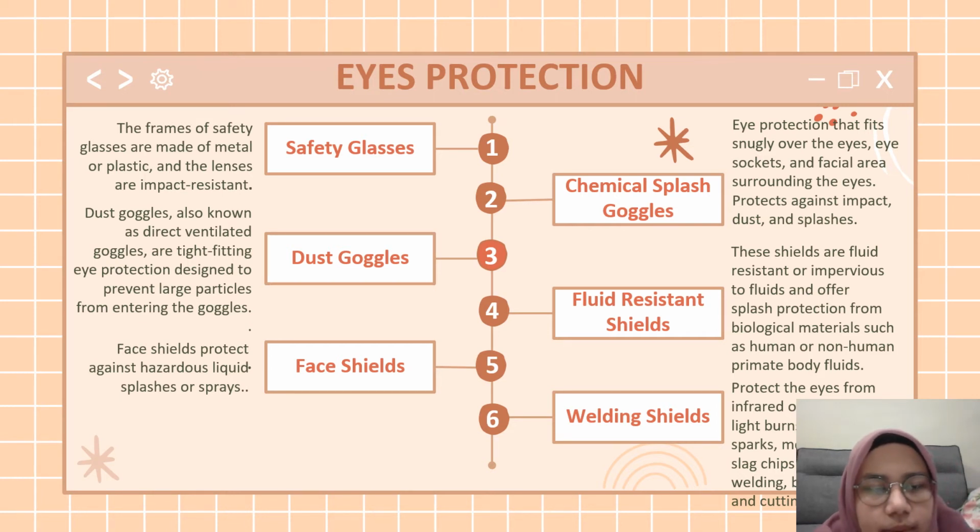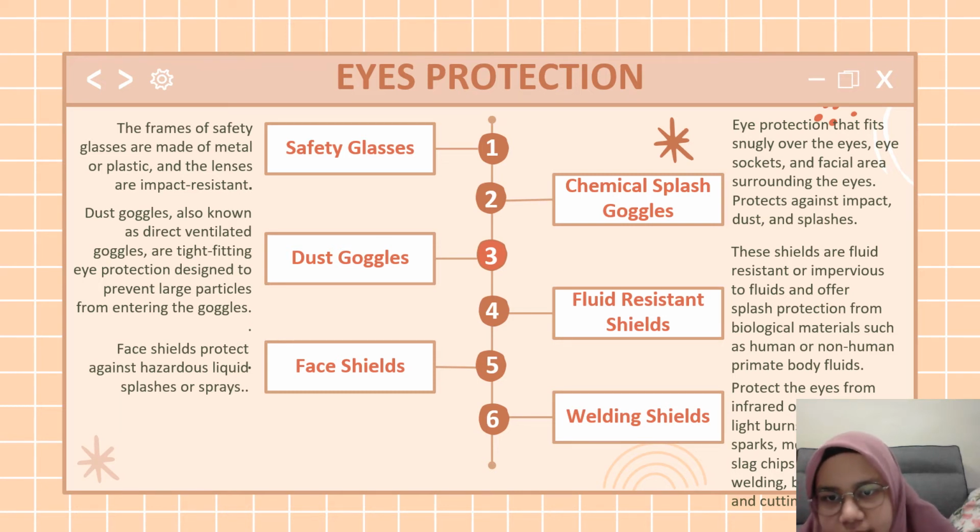They are made from glass. And next, chemical splash goggles to protect the eyes from radiation, chemical, and other dangerous hazards. The next one is dust goggles to prevent the last particle from entering the goggles.